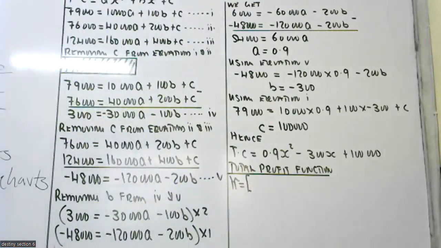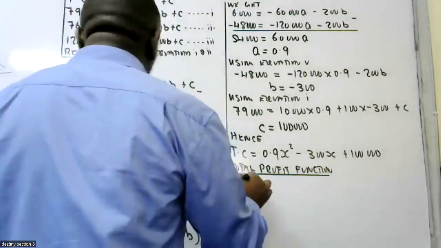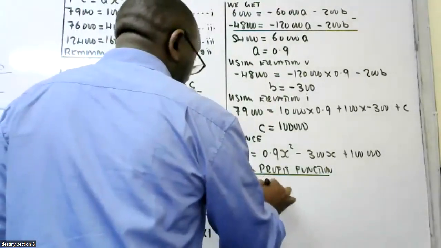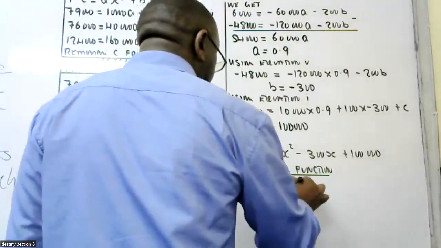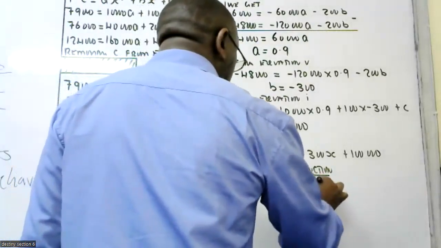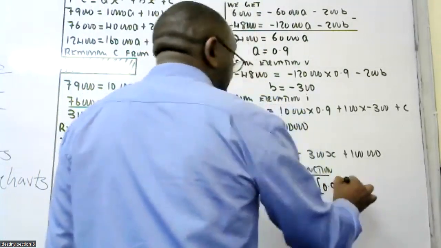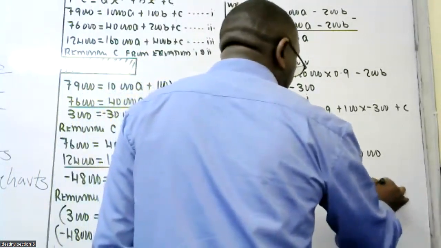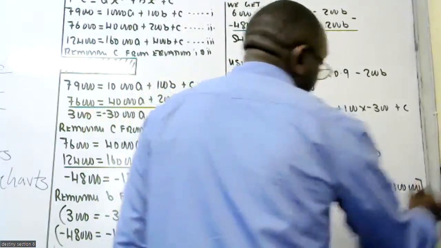We had developed a revenue function earlier, 800x minus 0.1x squared. So we subtract 0.9x squared minus 300x plus 100,000.